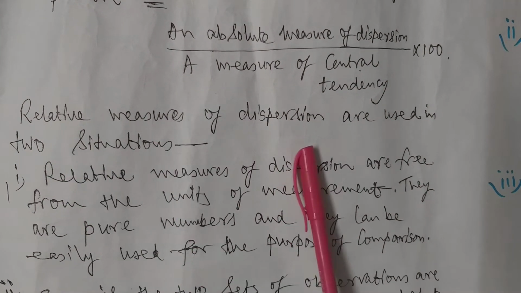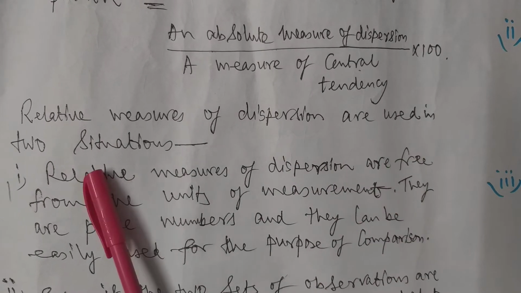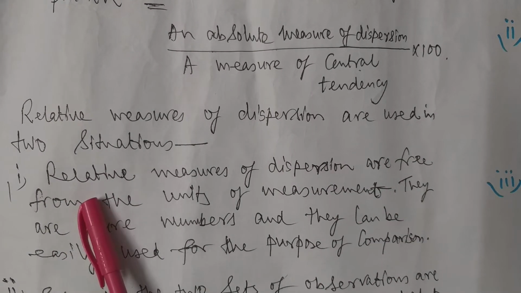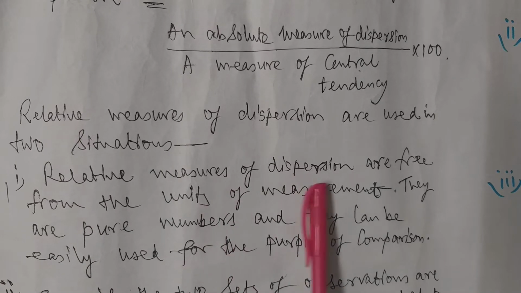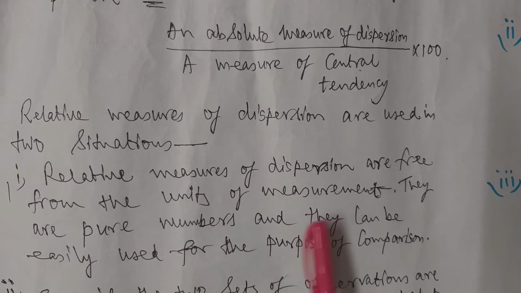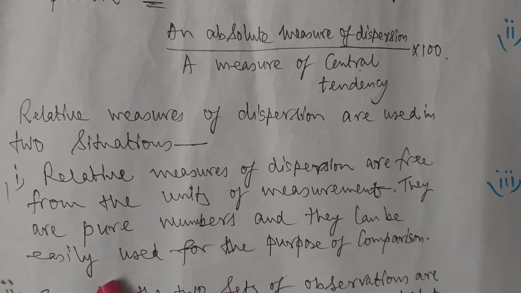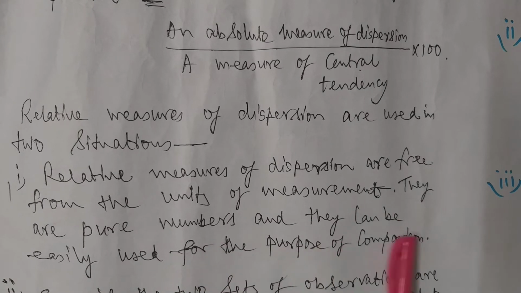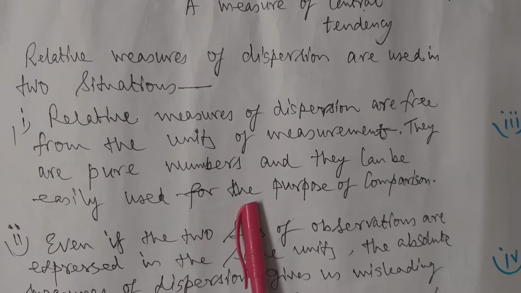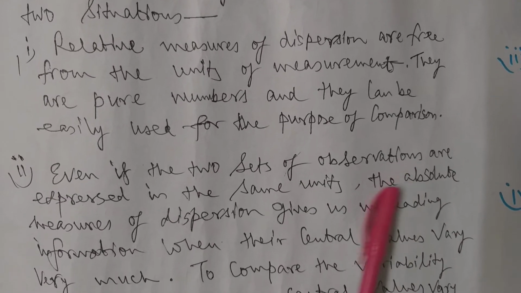Relative measures of dispersion are used in two situations. Number one, relative measures of dispersion are free from the units of measurement. They are pure numbers and they can be easily used for the purpose of comparison.